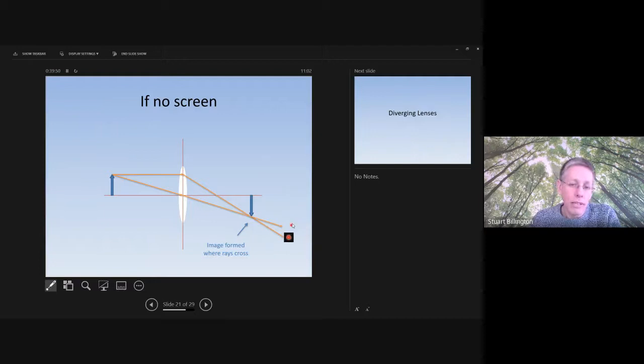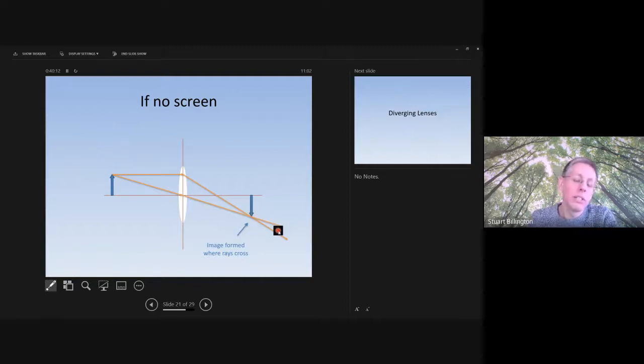And if we place our vision system here, so if there's no screen and we just place our eye here, then we will trace these rays of light back to an image that would have been there if we'd placed the screen there. But if we don't place a screen there, our eyes will still see it as being there.